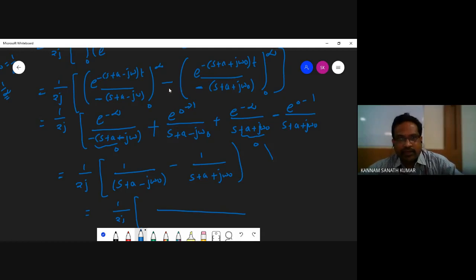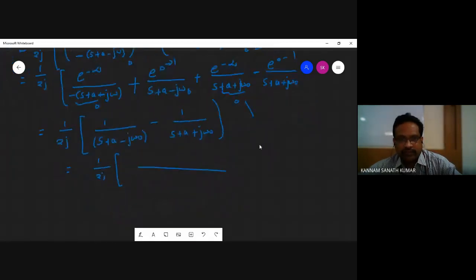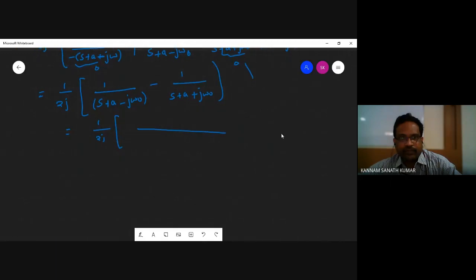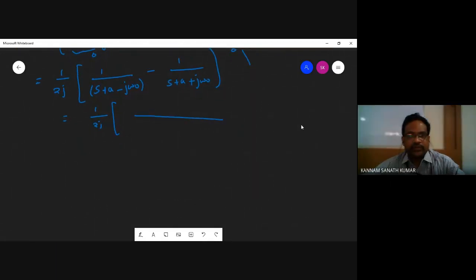Here minus is there, minus into minus plus, you applied the upper limit minus lower limit. So the upper limit is e power minus infinity, minus the lower limit e power 0, so that is 1. Is it okay? Yes sir.